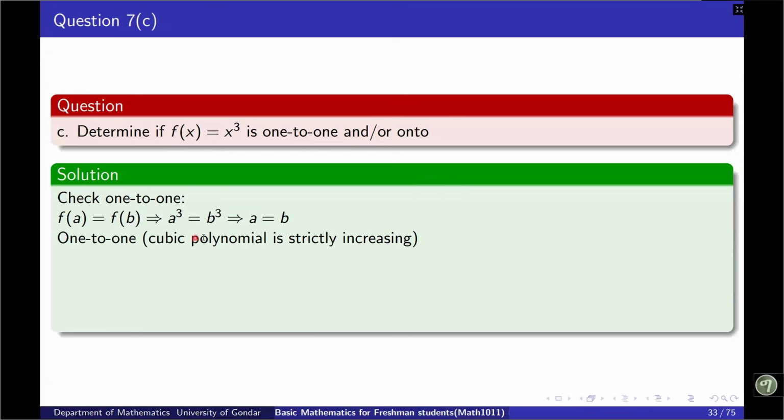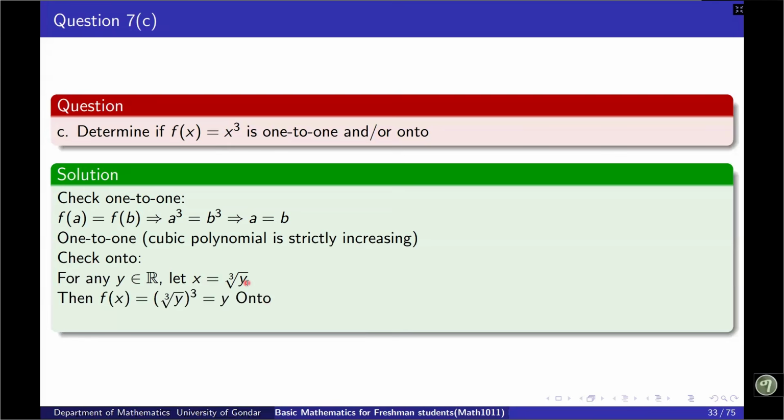We know that a cubic polynomial is strictly increasing, so every strictly increasing function is 1-to-1. In order to check its ontoness, let us try to solve for x first. For any y element of R, we have x equal to the cube root of y, so for any y, we can obtain the corresponding value of x, which could be considered as a pre-image for this y.